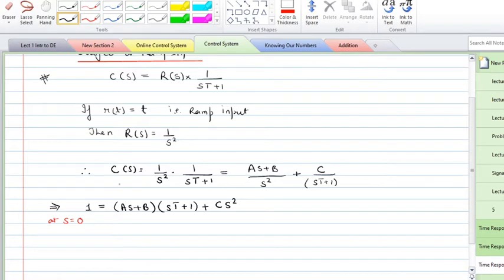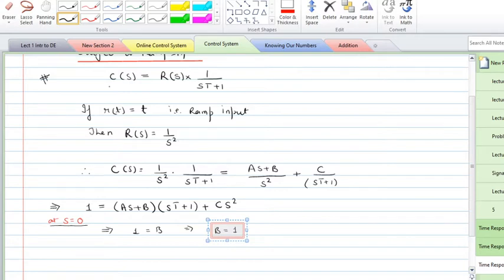This will give you 1 is equal to B. This implies that B is equal to 1 when we put s is equal to 0 here. So one value is this one.